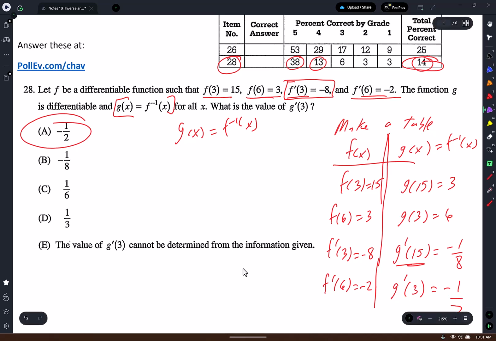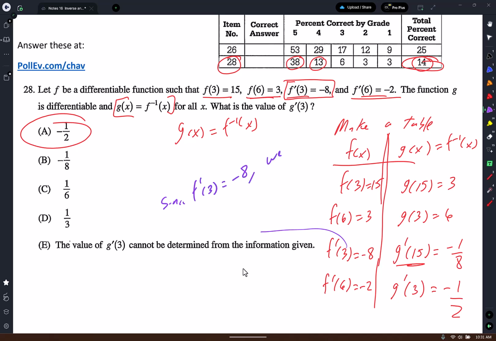No, we're good. You see this x value here? Since f prime of 3 is negative 8, we know the slope of our inverse function. So you have to take the inverse and then the reciprocal? Yes.